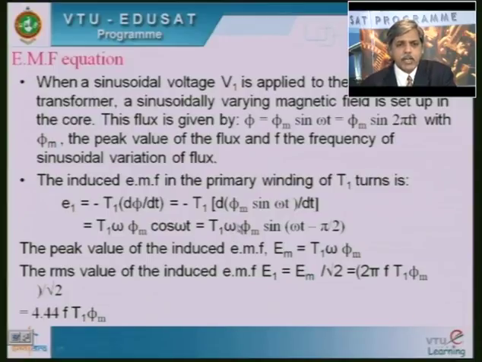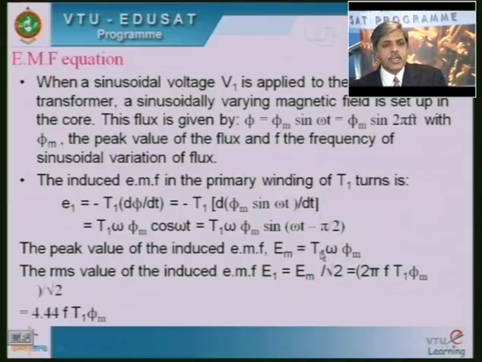Otherwise you can simply write that the product I have here, T1 omega phi m, gives the maximum value of the voltage induced in the primary winding. I should have written EM1 here, representing the primary. Fine, no problem. So the maximum value is given by T1 omega phi m.